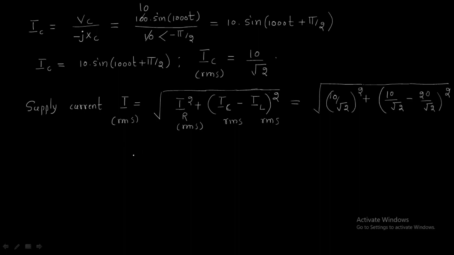Simplifying this, 100 by 2 plus 100 by 2 is 200 by 2, which becomes 100. We get root 100, so finally the RMS value is 10 amperes.